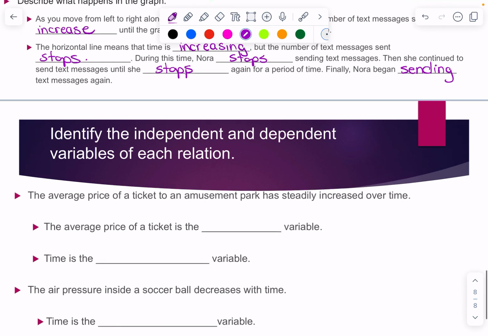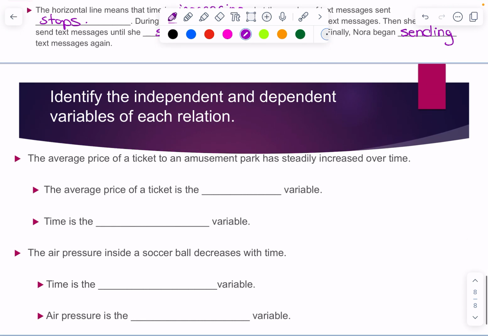Okay? So if I give you two other examples, can you identify for me the independent and dependent? So it says the average price of a ticket to an amusement park steadily increased over time. So time here would be our independent, because the price is increasing over time.